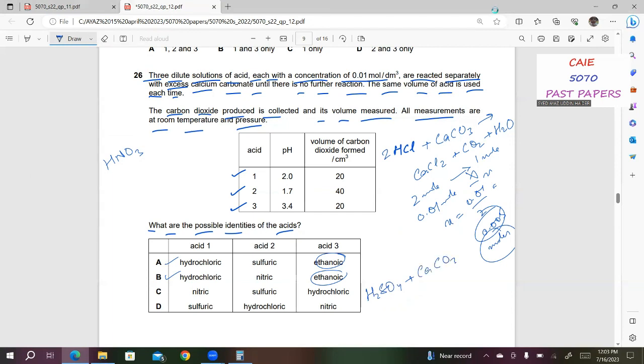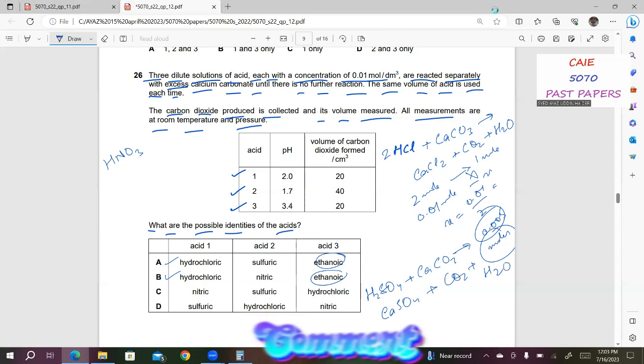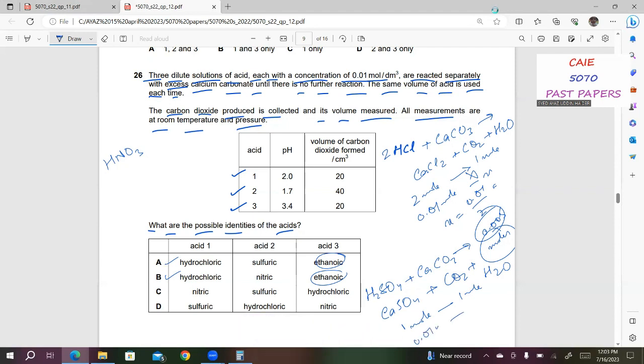H2SO4 plus CaCO3 gives CaSO4 plus CO2 plus H2O. Equation is balanced. So which means that 1 mole of sulfuric acid produces 1 mole of carbon dioxide. So 0.01 mole produces 0.01 mole of CO2.